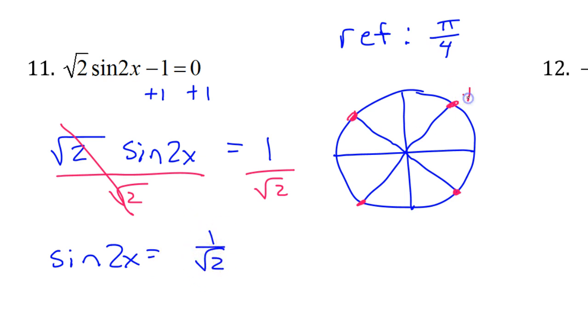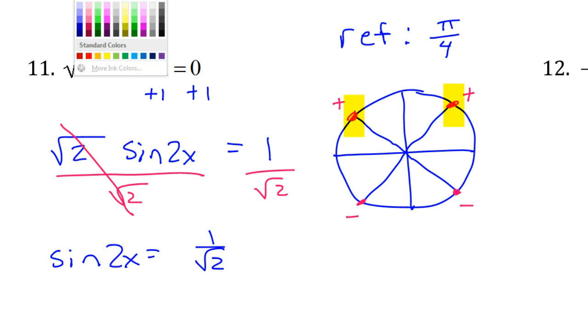It's just that these 2 will be positive and these 2 will be negative. I know that because sine is a y value on the unit circle, and y values are positive above the x-axis and negative below. In this case, we want the sine to be positive 1 over radical 2. So we will get the solutions here and here, those 2 angles.